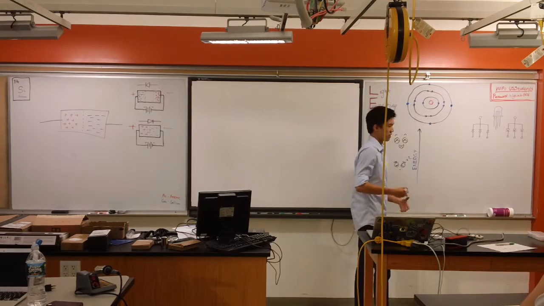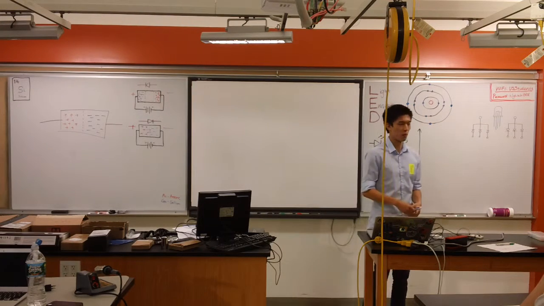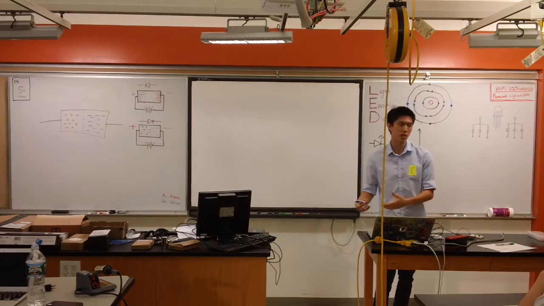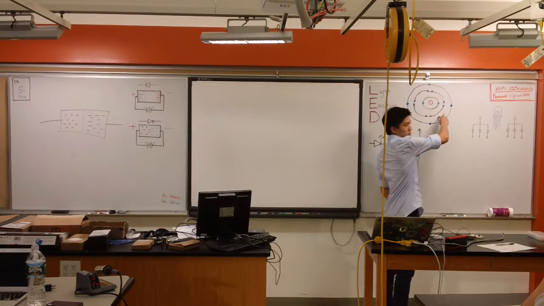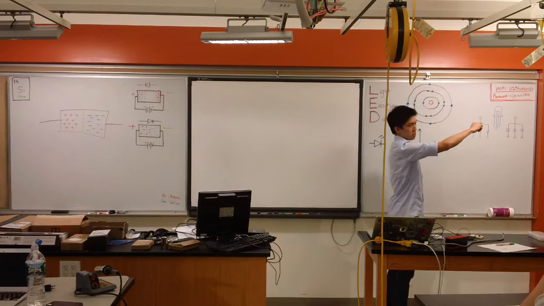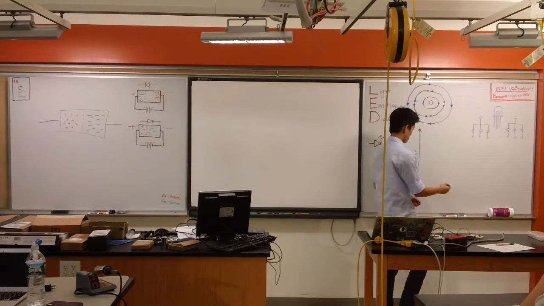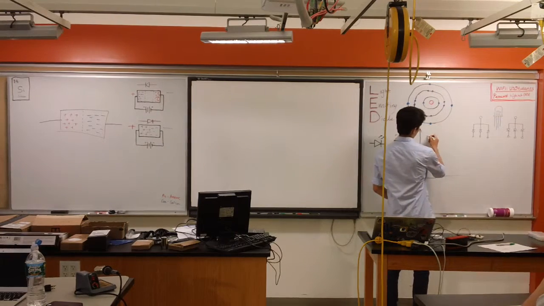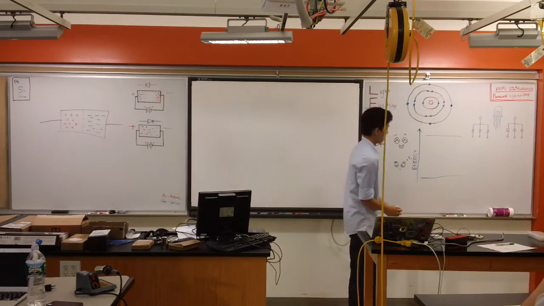So you have discrete energy levels. What that means is you either have it excited or not excited, because they can't exist in the middle. They can only exist in orbitals. So you have the baseline energy and super excited energy.